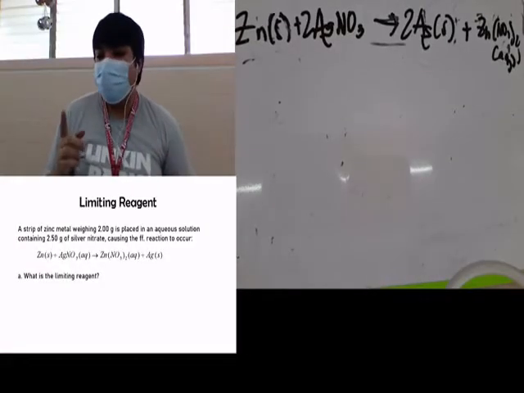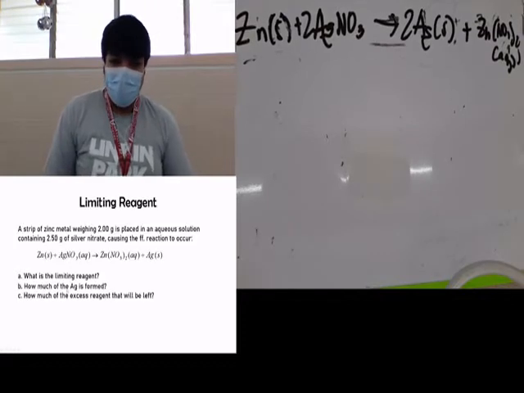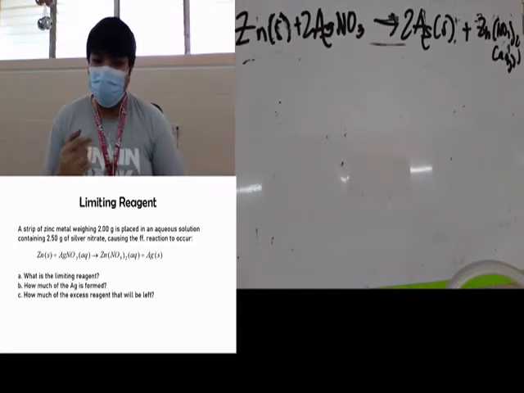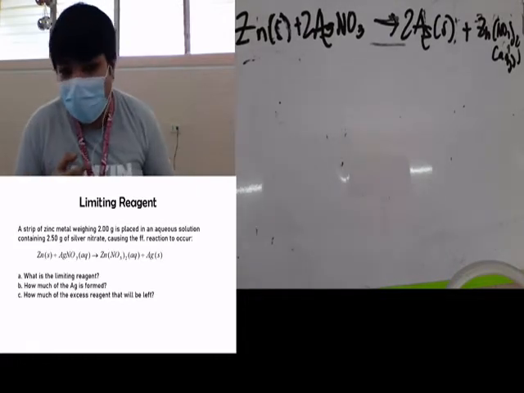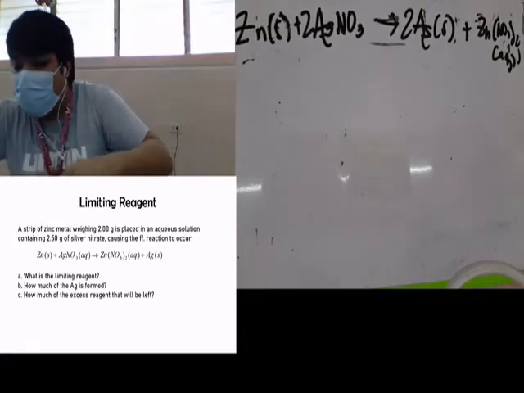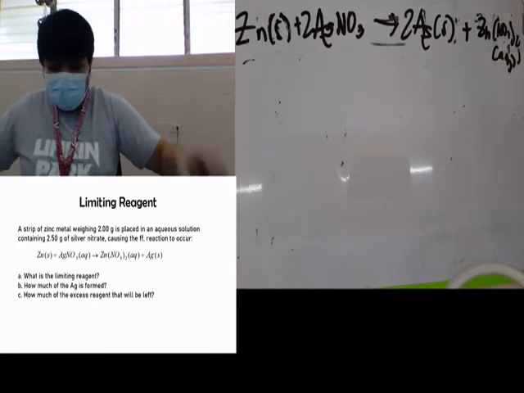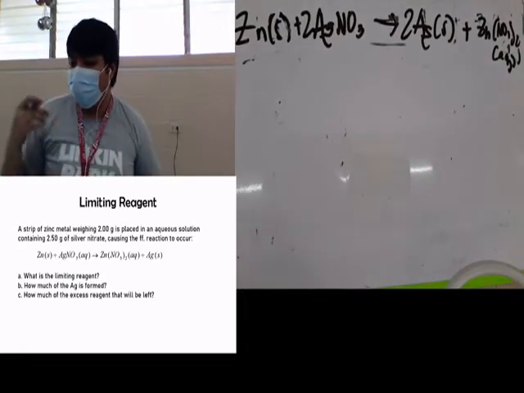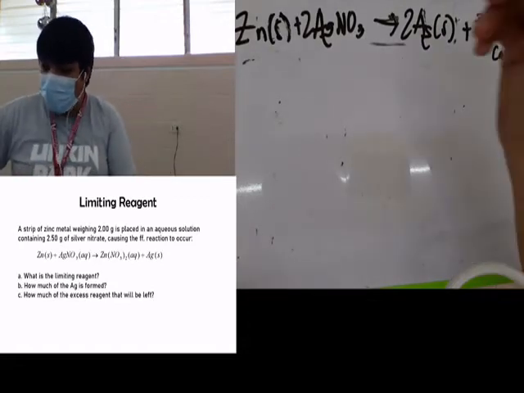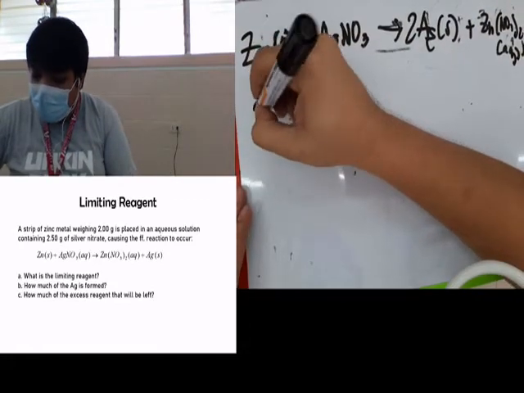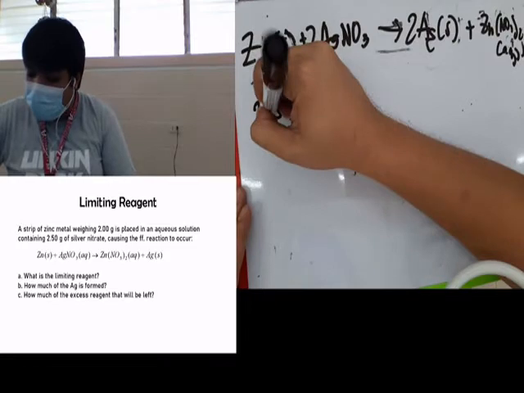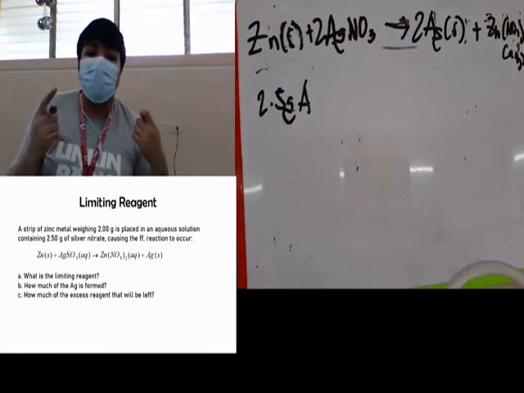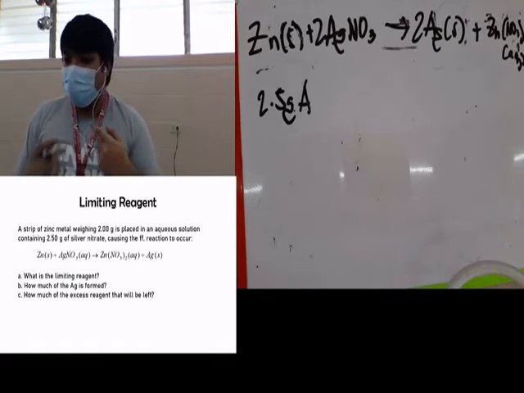So next, we need to know how much of the silver is formed and how much of the excess reagent will be left. So for letter B, since we already know that the limiting reactant is silver nitrate, we will use the 2.5 grams of silver nitrate to calculate the amount of the silver formed, since it is the one that will be fully consumed in the reaction.